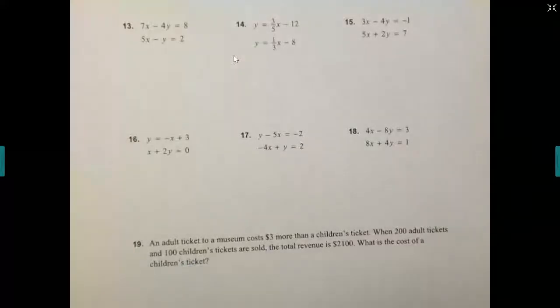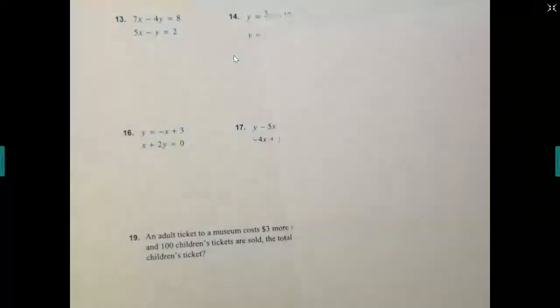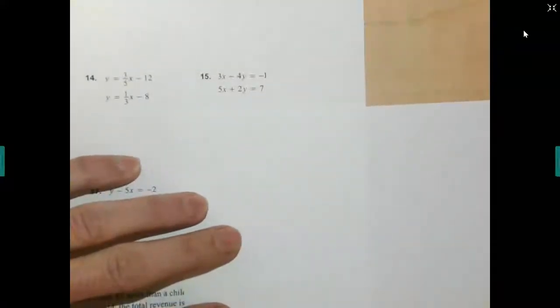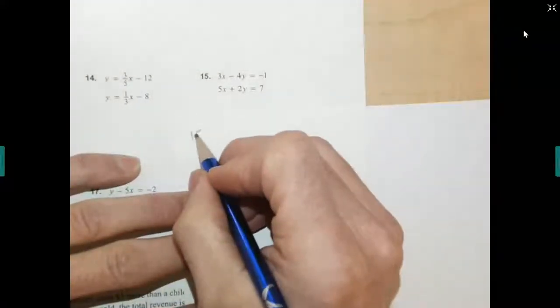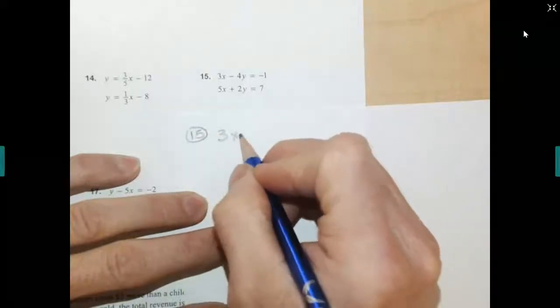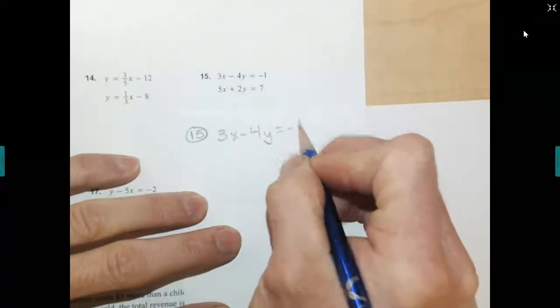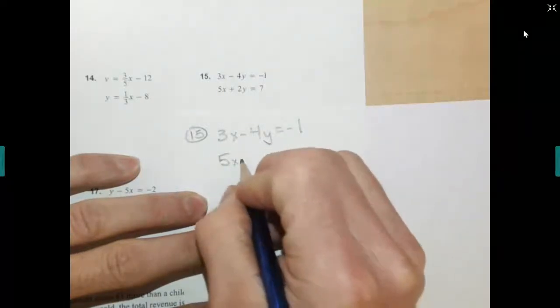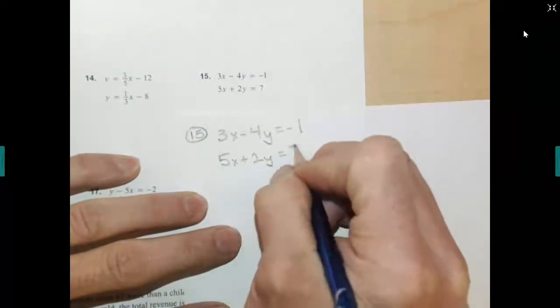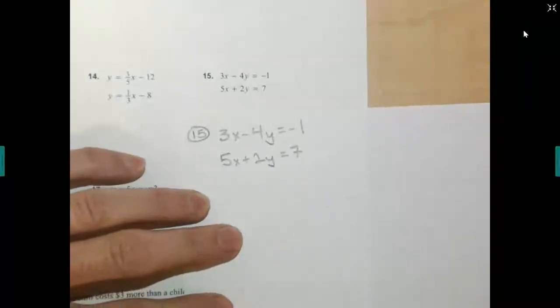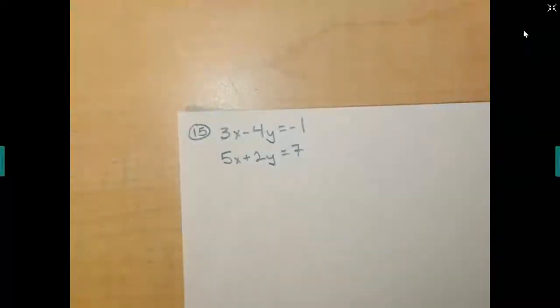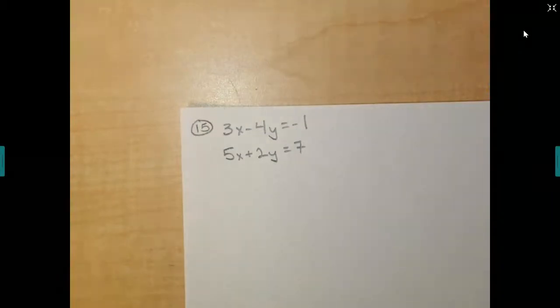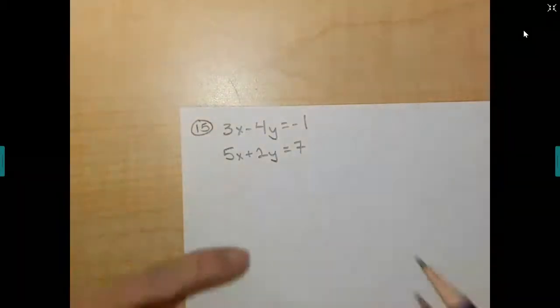All right. Here on number 15, you can kind of see through that when you get a different piece of paper. 15. 3x minus 4y equals negative 1. 5x plus 2y equals 7. Okay. Which one do I want to solve for? Shoot.